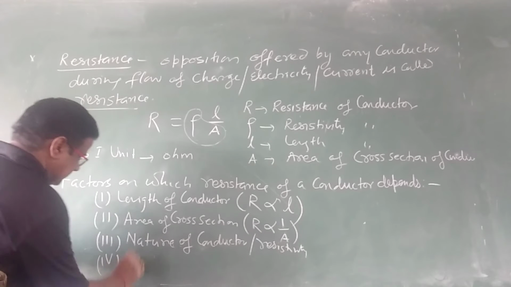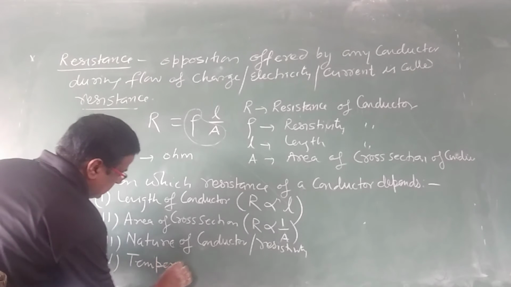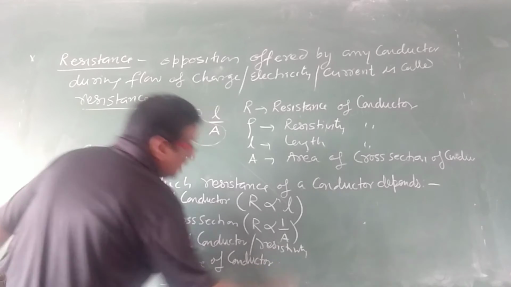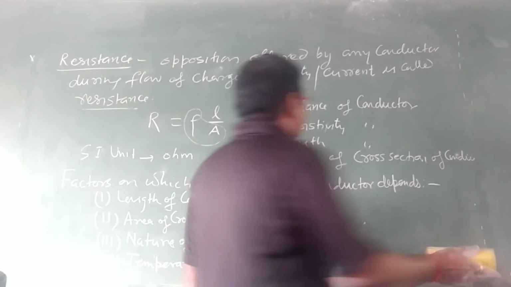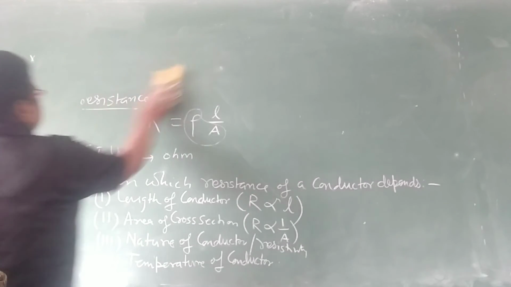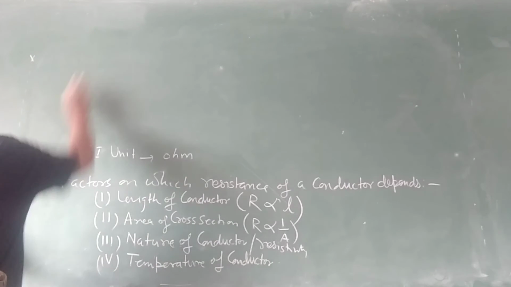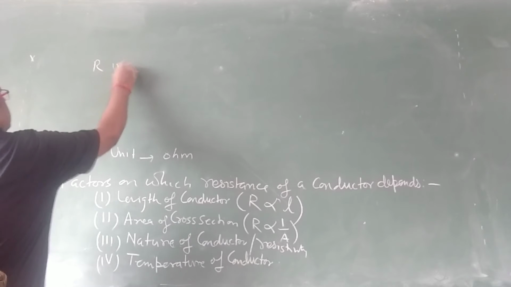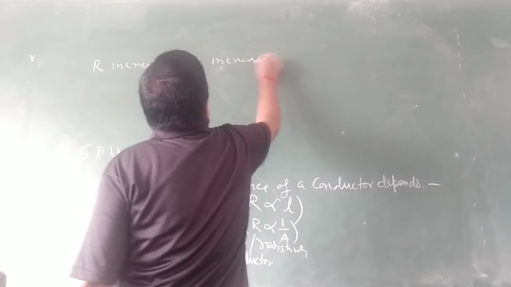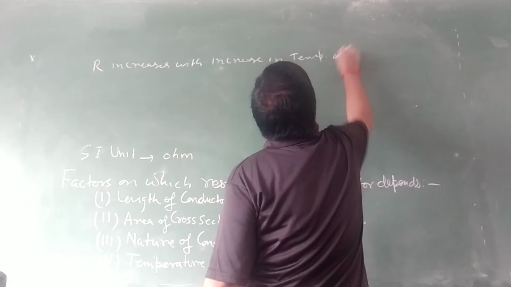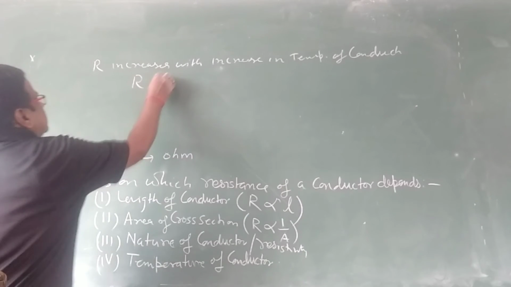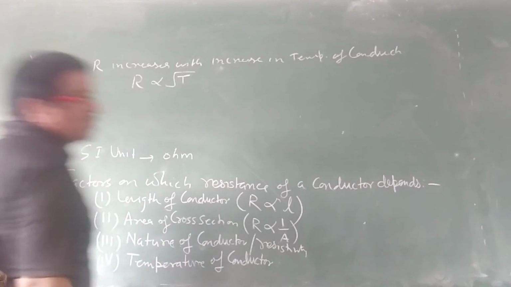Number 4 is temperature of conductor. The resistance of the conductor increases with increase in temperature of the conductor.